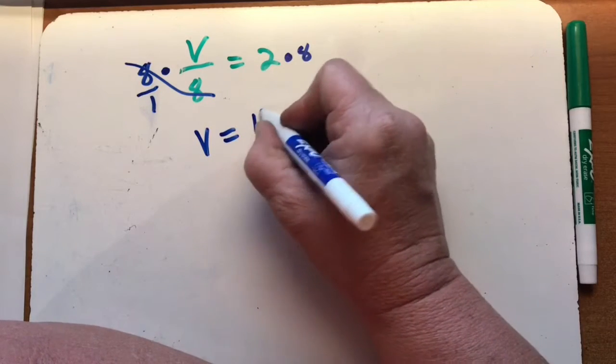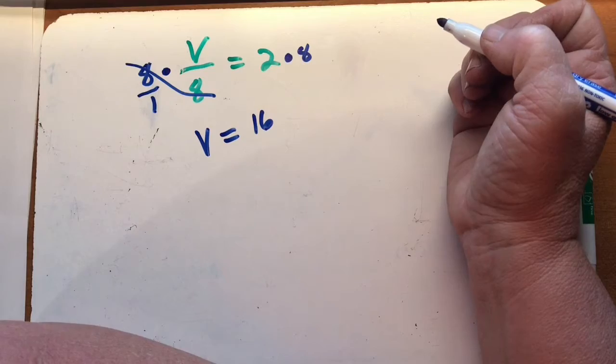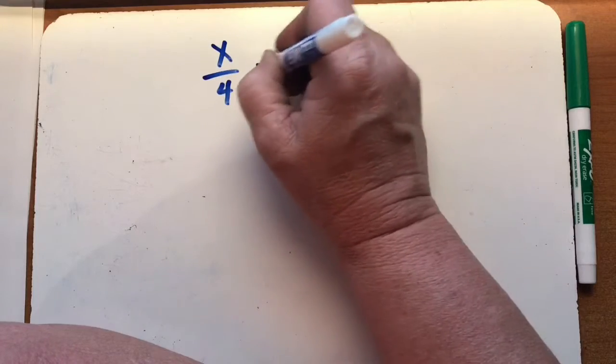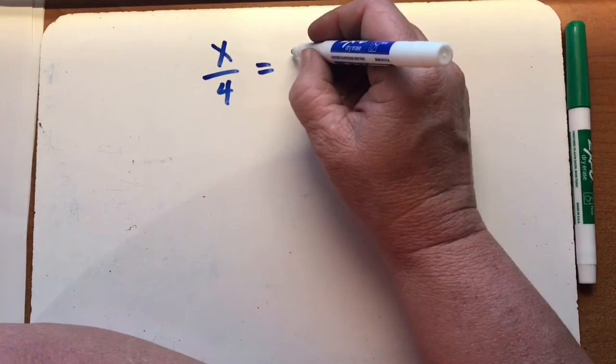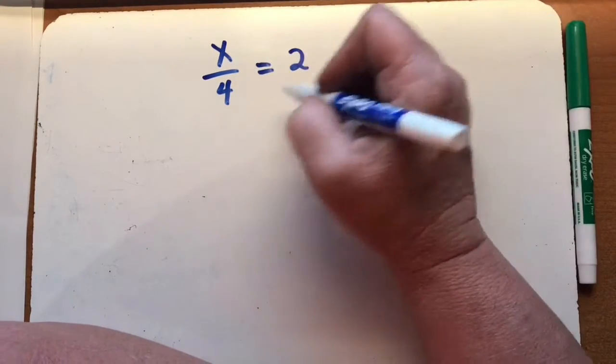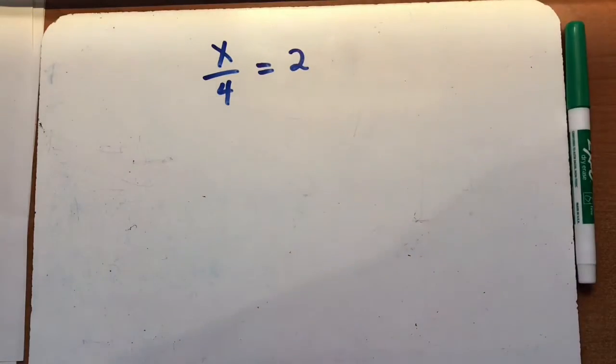We'll do a few more. So I want to get x by itself. X is being divided, so I need to do the opposite of division.